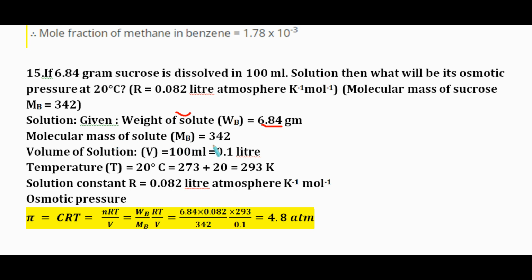Molecular mass of solute is 342 grams. Volume of solution, this is 100 ml and it can be written in liter, 0.1 liter. Temperature T equal to 20 degrees Celsius and it can be written in Kelvin, 273 plus 20, this is equal to 293 Kelvin.